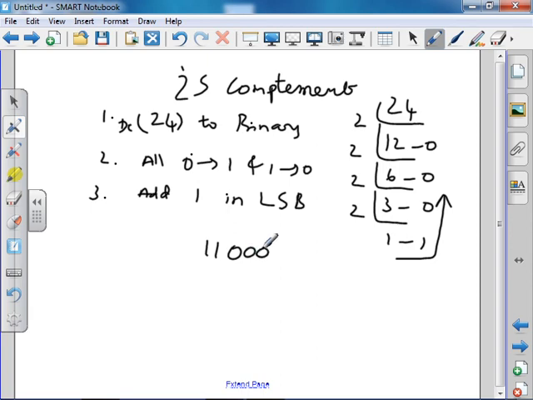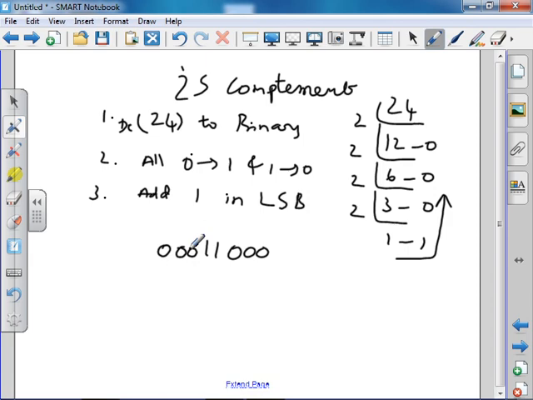As per the rule, this should be converted into an 8-digit number, so in front of the number I am going to add 3 zeros. Now I have converted the given number into binary form. What is my next step?